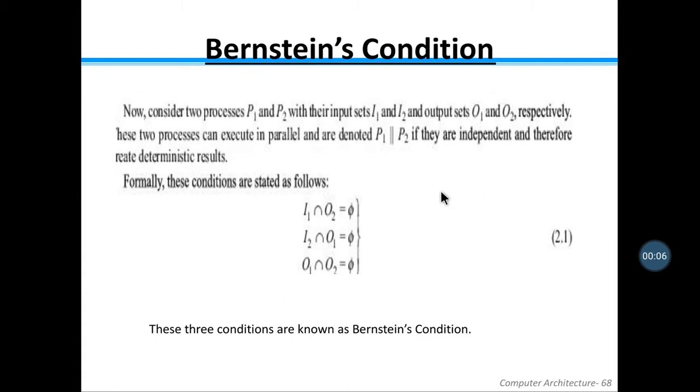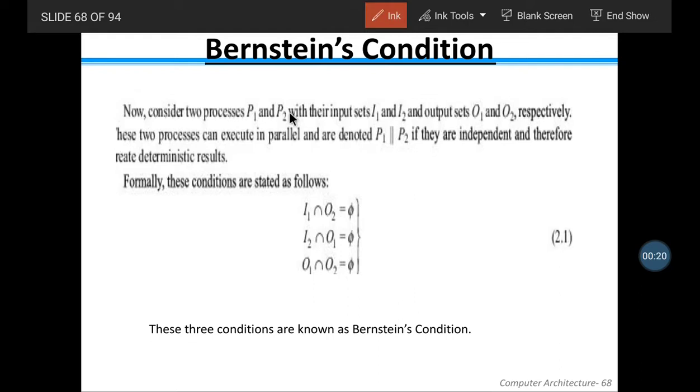So, good morning everyone. In the last class, we discussed Bernstein's conditions. Here we are considering two processes P1 and P2 with their input sets I1 and I2, and output sets O1 and O2.